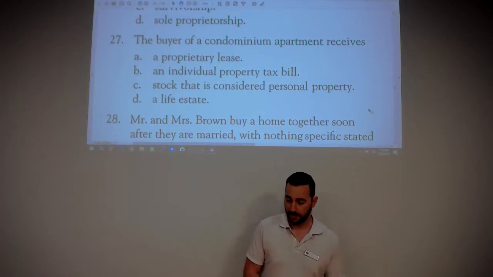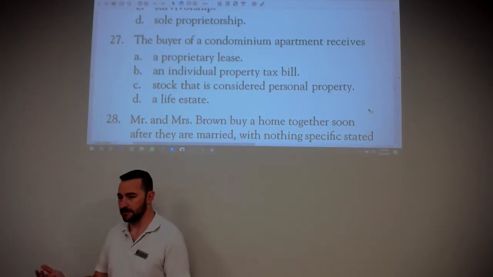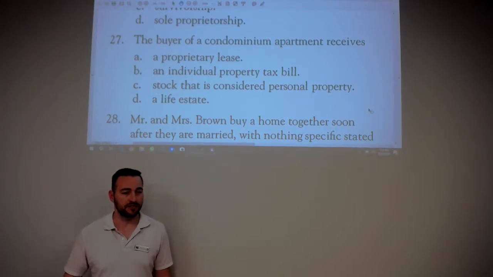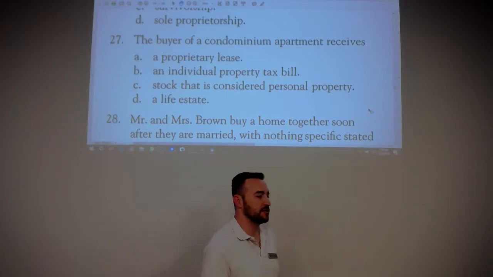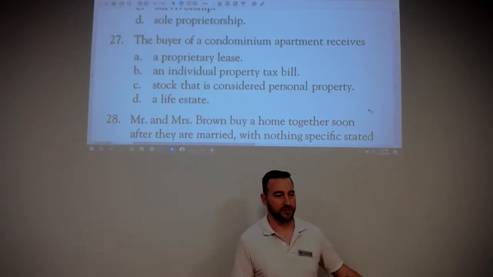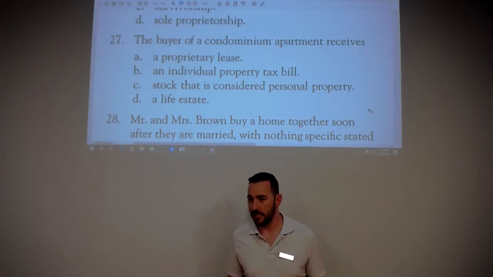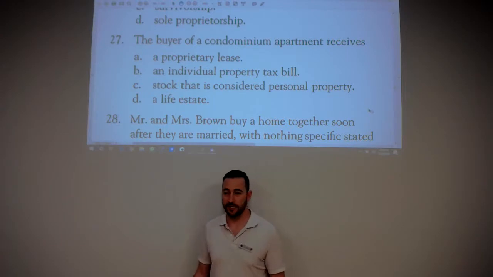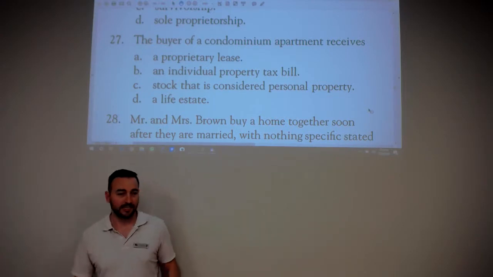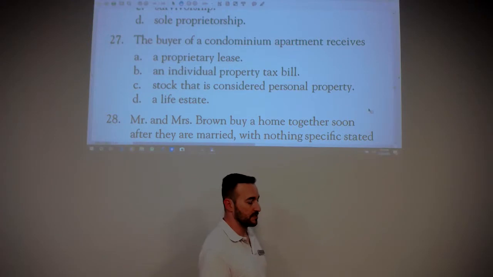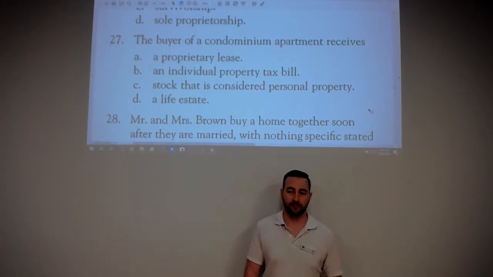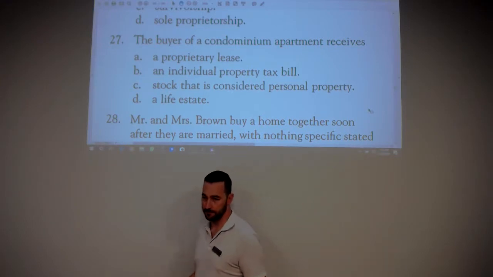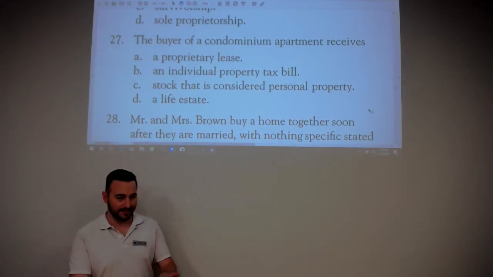The other one, stock, that's for co-ops. So C would be for a co-op, not for a condo. And D, life estate simply means you own it until one person dies, whoever the person on the deed is. So by ruling out a few of these, you know the correct answer would be B, an individual tax bill. Because in the co-op, the corporation that owns the building gets a tax bill for the whole building. In a condo, it's your own individual unit.